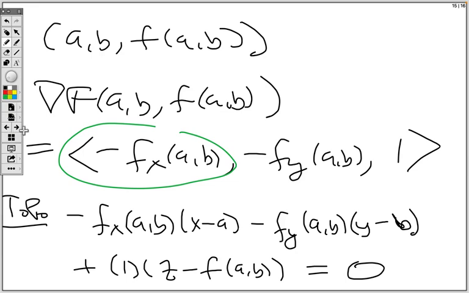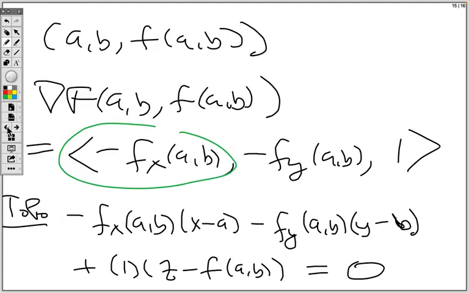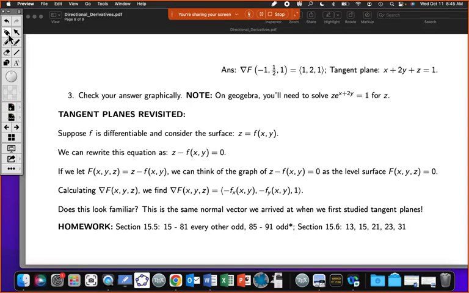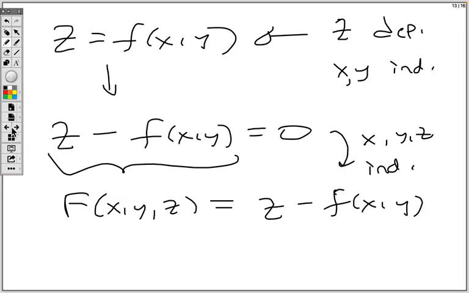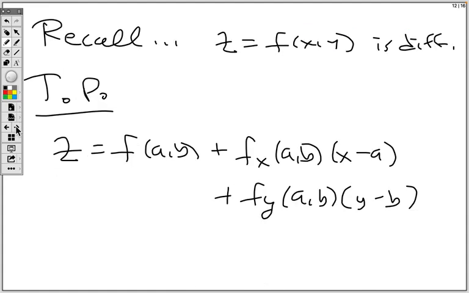Once again, I think some of you have your own sources for Calc 3. But some of you were using this formula. Which one here? Yeah, some of you were doing tangent planes like this well before we even talked about the gradient, using some different formula. That's where it comes from.